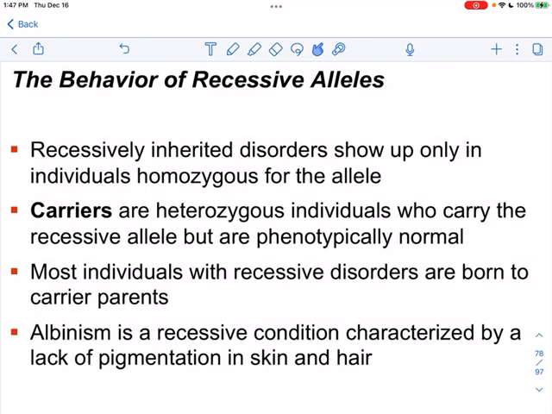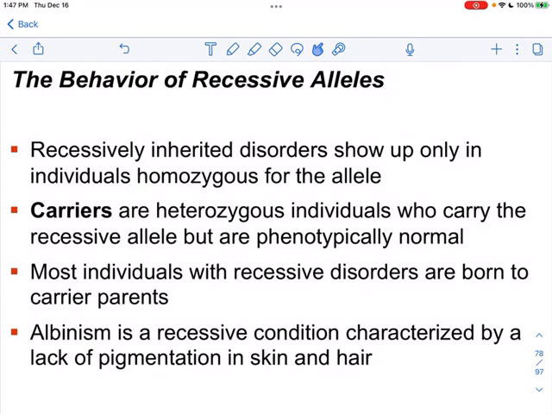And again, that's very much like the Tay-Sachs example that we used, where the heterozygous individual has one functional copy of the gene, so they make the functional enzyme, which can break down the lipids and prevent Tay-Sachs disease. But the other allele is still dysfunctional, right? That's the carrier, that's the recessive allele. So most individuals with recessive disorders are born to carrier parents.